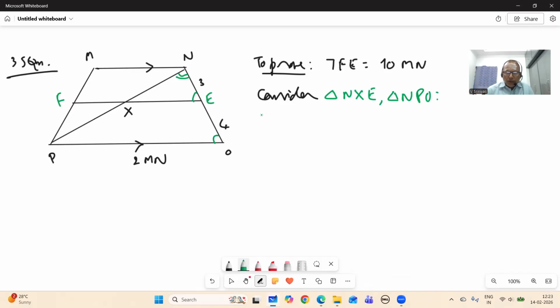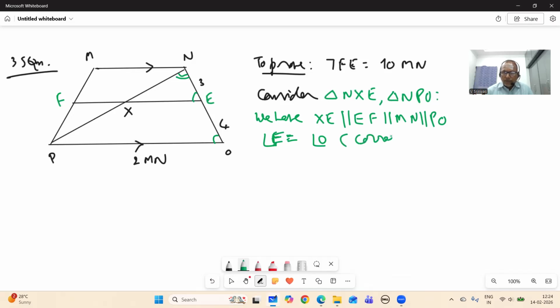So we have EF parallel to MN parallel to PO. XE is coincident on FE, and FE is parallel to MN, and MN is parallel to PO. That's how you get XE is parallel to PO. And angle E is equal to angle O, since these are corresponding angles.